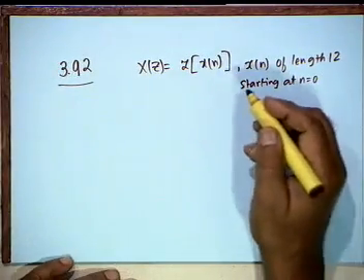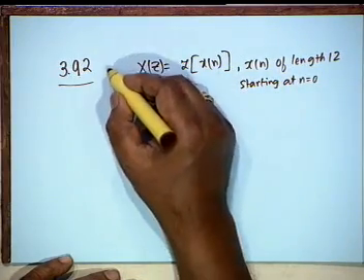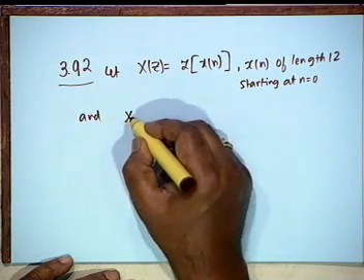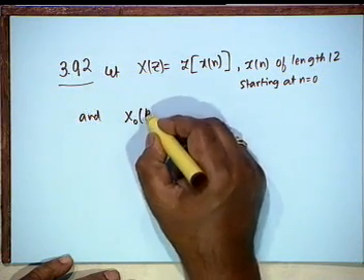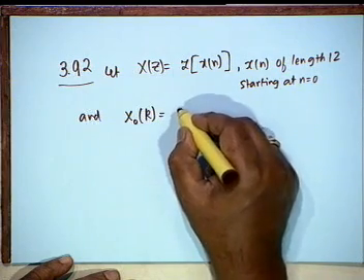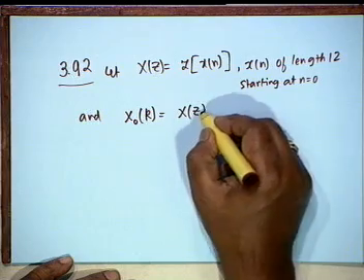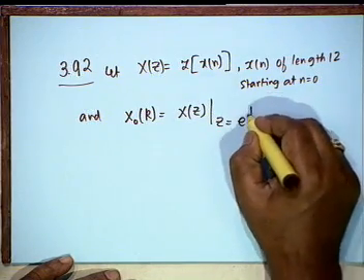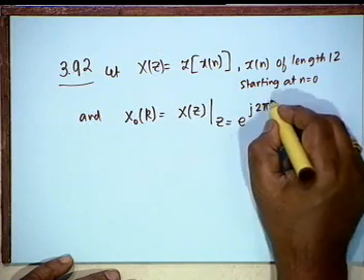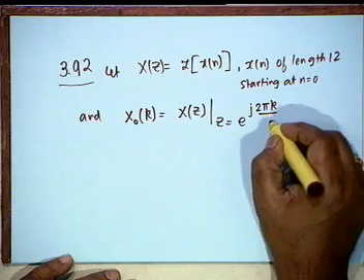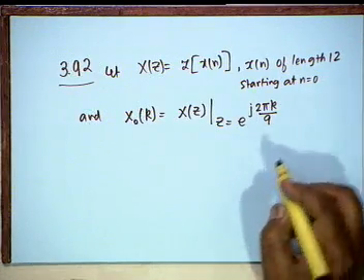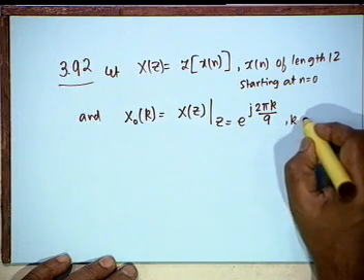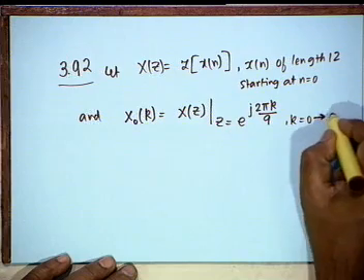Let X0(k) be equal to X(z) with z equal to e to the j 2 pi k divided by 9, with k going from 0 to 8.